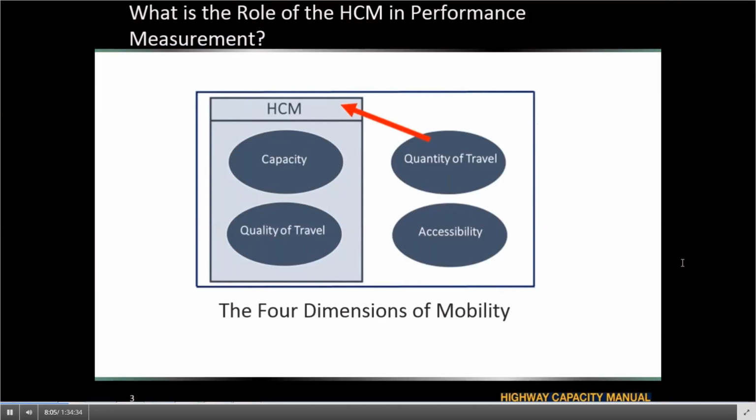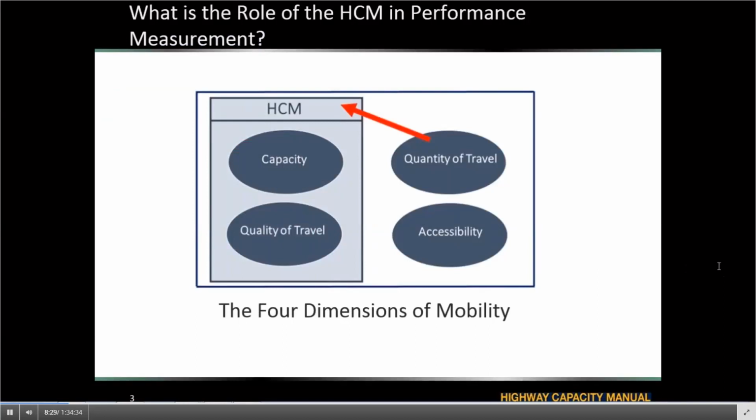It uses the quantity of travel, the demand, the V/C ratio, and so on, as an input, and it really doesn't address accessibility. So from a big picture perspective, this is where the HCM fits. It can estimate capacity and quality of service.